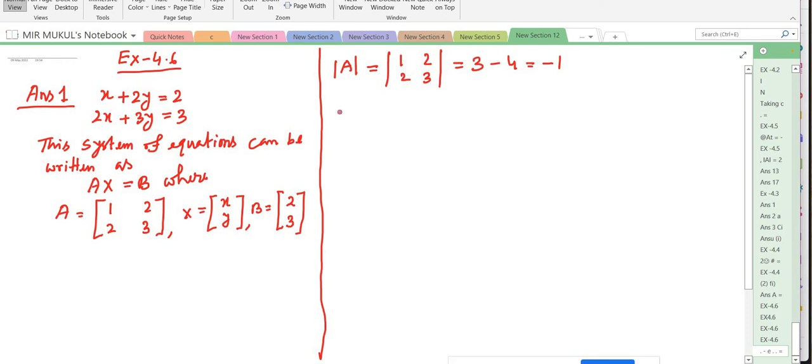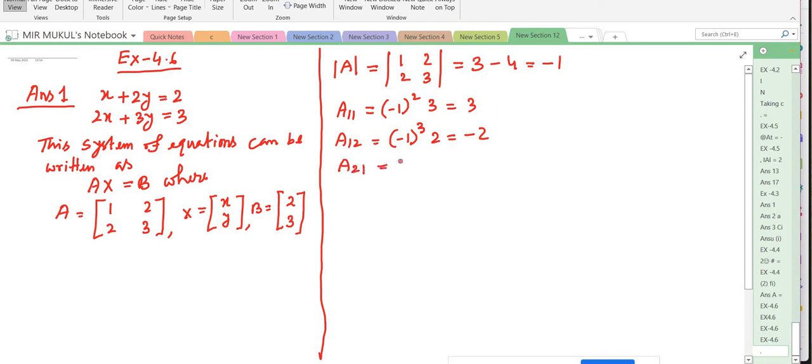So adjoint of A, how can we find? We have to find the cofactors. A11 means minus 1 to the power 2, and it will come 3. Then A12 means minus 1 to the power 3, and the minor is 2, so we are getting minus 2.